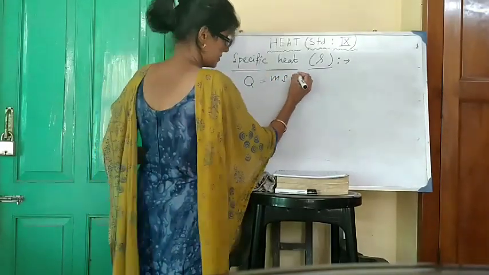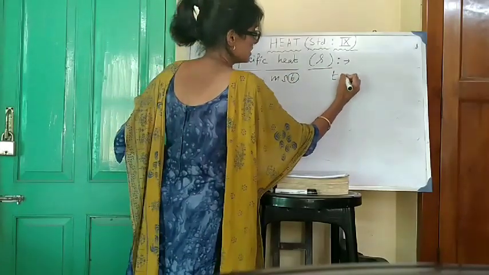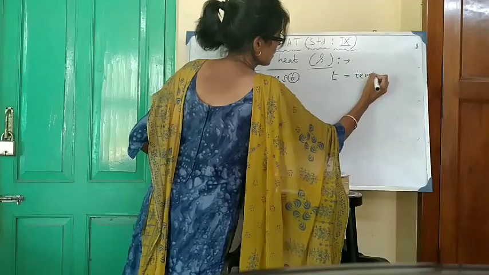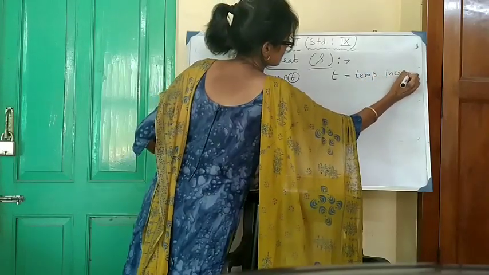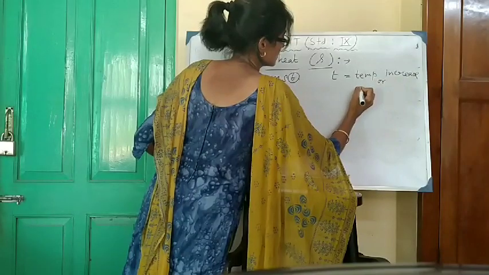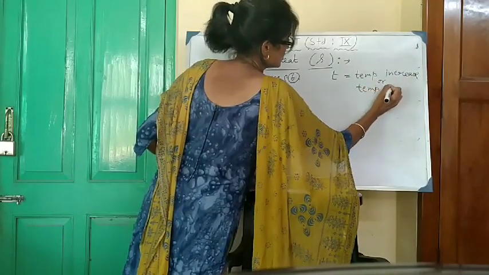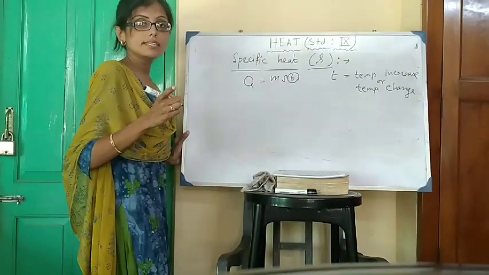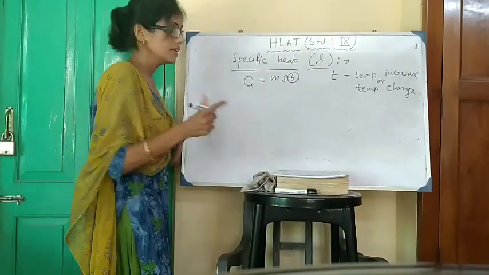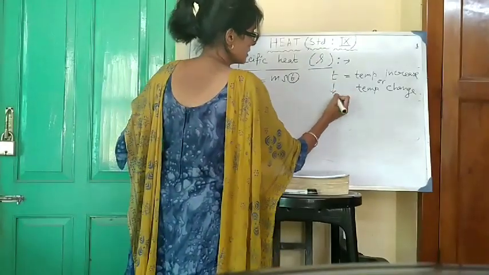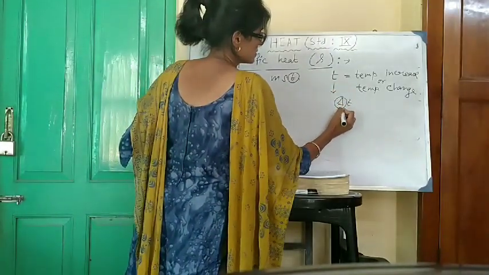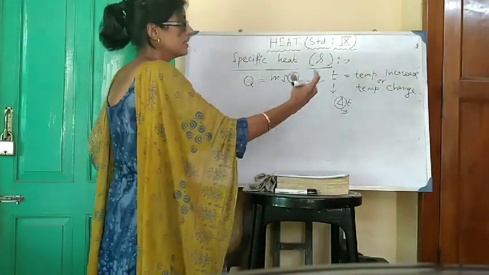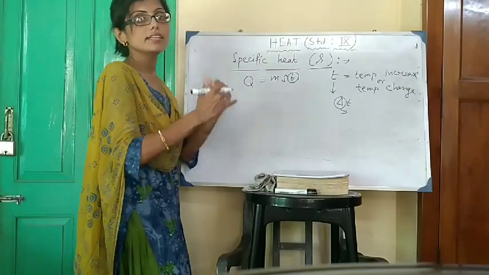One important thing: what is T? T is not a particular temperature, it is the temperature increase or temperature change. Increase in temperature or change in temperature, not a particular temperature. Clear? So you can also write delta T. Delta represents the increase or change. We use the sign delta to represent the change in temperature or change in any physical quantity.